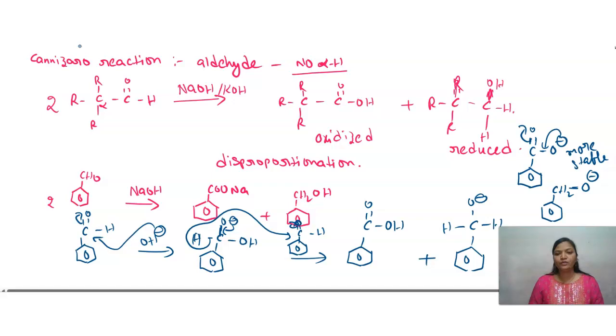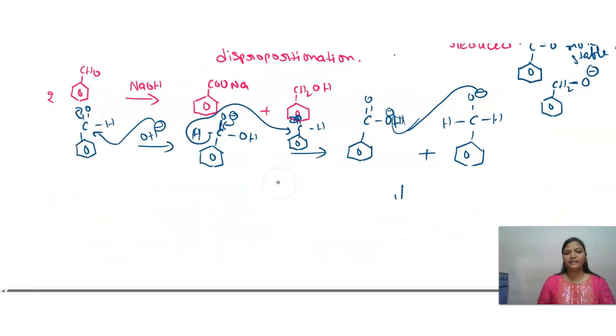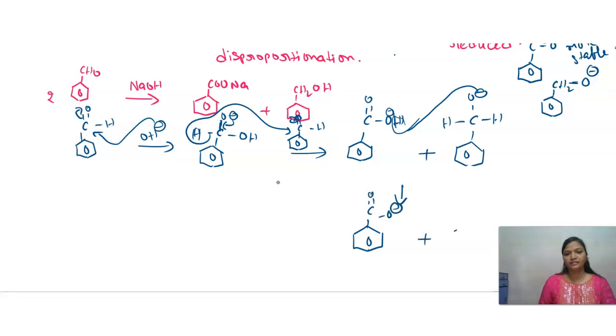That's why the H plus ion shifts from this carboxylic acid to this benzylate ion. So here we will get benzoate ion and benzyl alcohol. So these two are the products and this is the mechanism for this Cannizzaro reaction.